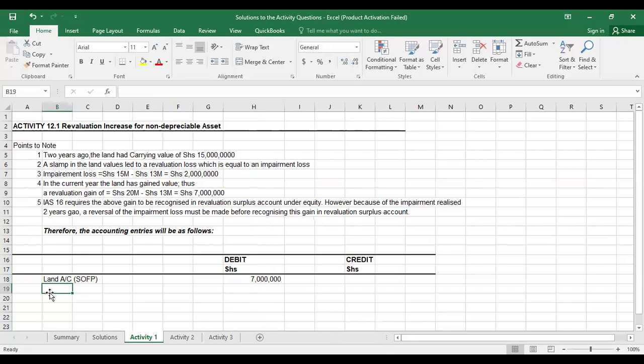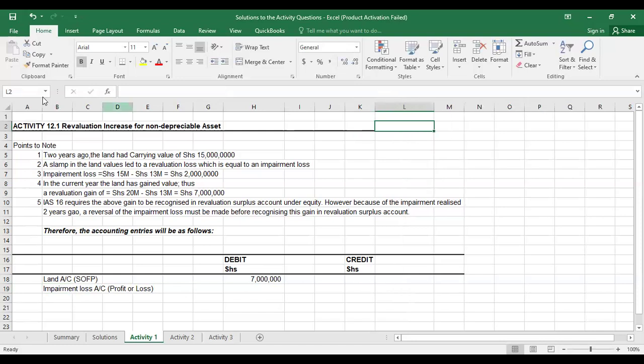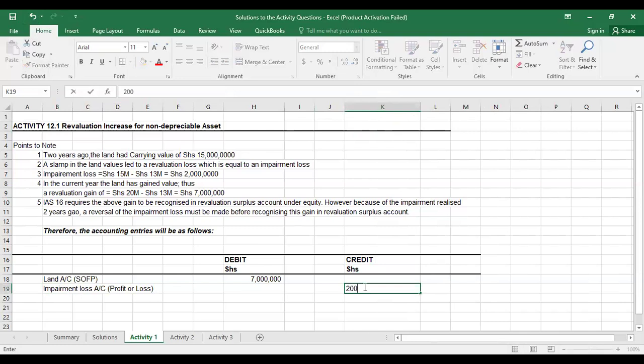Then we shall have impairment loss account, that is in our profit or loss. We shall credit it with 2 million.